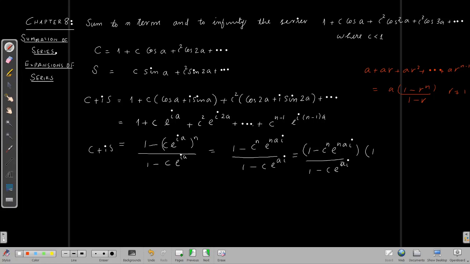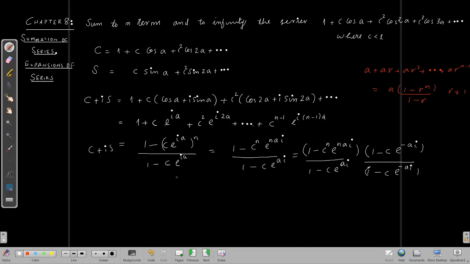The conjugate of 1 is 1 itself, and since c is a real number, the conjugate of c is c itself. Here the conjugate of e raised to iA is e raised to minus iA, divided by the same quantity.